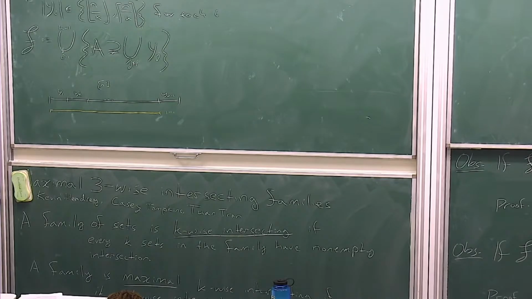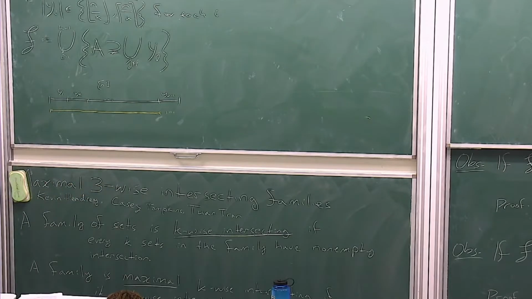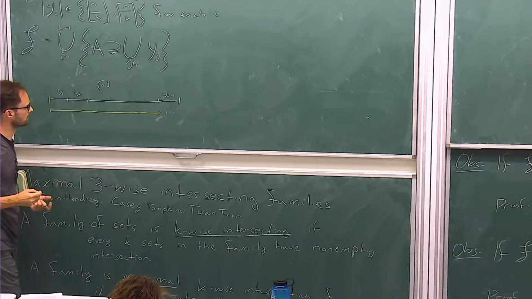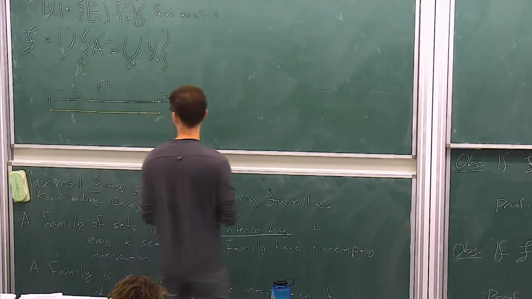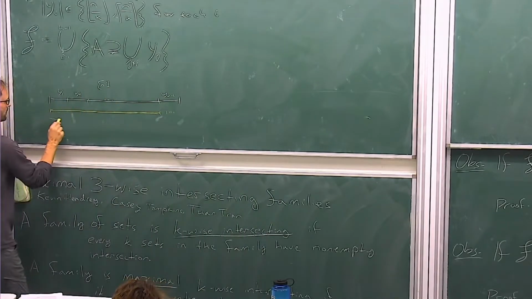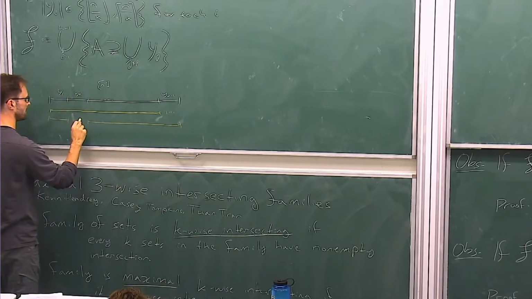And then they have some non-empty intersection in the last section. And so we'll have other sets that look like that, etc.